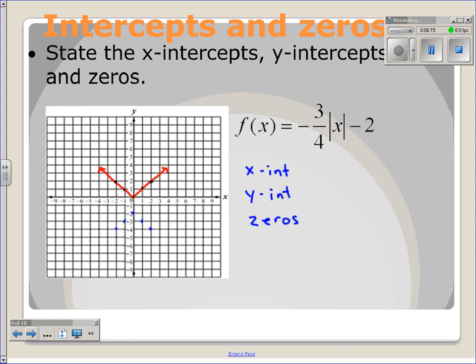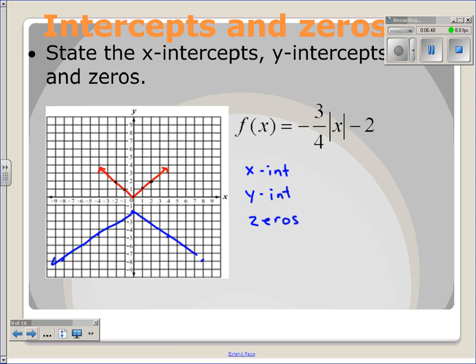Now I have to keep that same vertex here, and I'm going to go down 3, right 4, down 3, right 4. Now I'm going to go back to the vertex, and I'm going to go down 3, left 4, down 3, left 4 again.